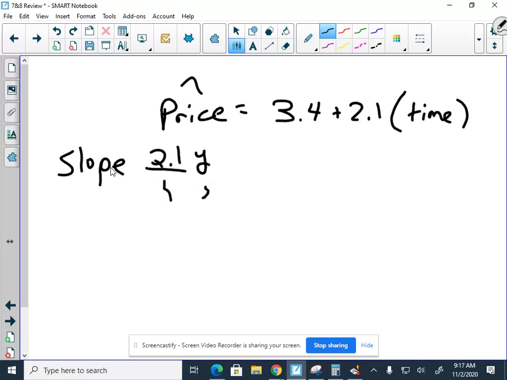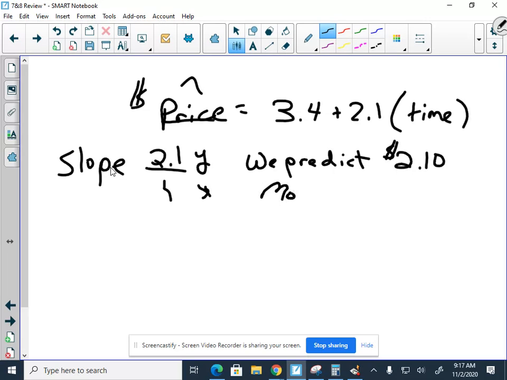Remember, it's y over x. So price, I'm going to assume that the price is in dollars since we're in the United States. So we predict $2.10 more, since it's positive, for one more, and now I don't know if it's minutes or hours or what, for one more minute.